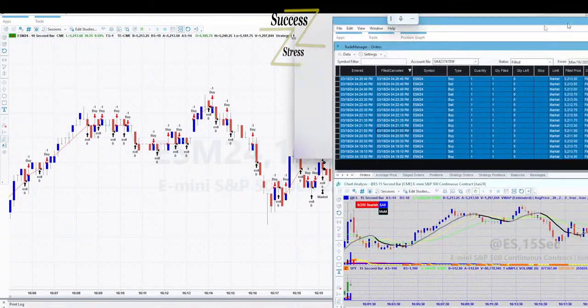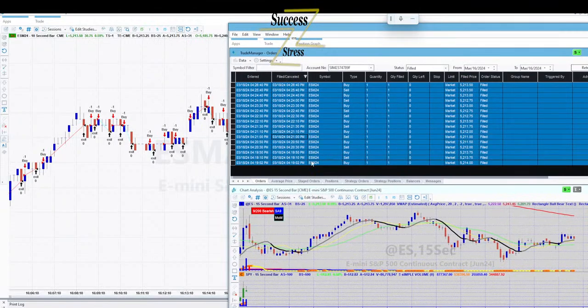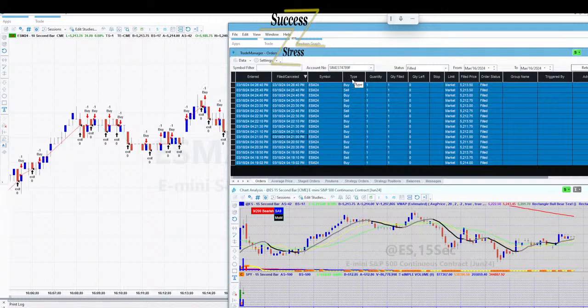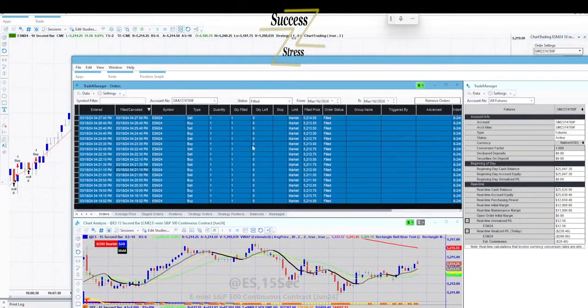So we're short right now, and what it did just then was give us a buy. It does not say buy to cover, which, like I said, I think would be a little bit more detailed. It would give us buy to cover and sell short. It's giving us buy and sell. So it's good to know.